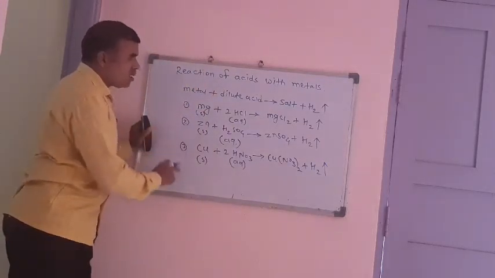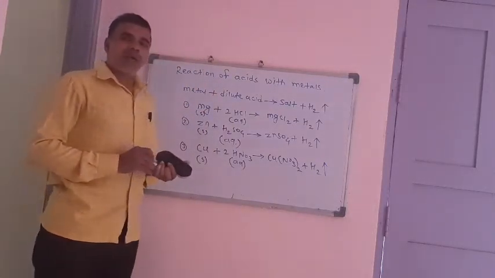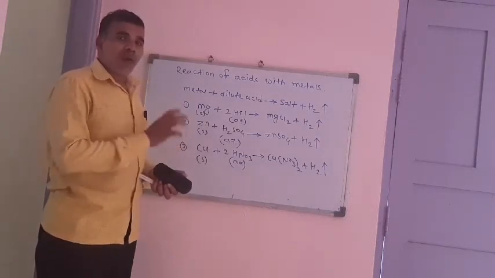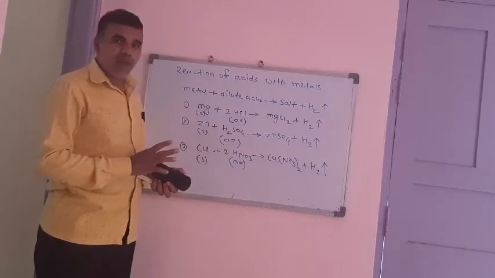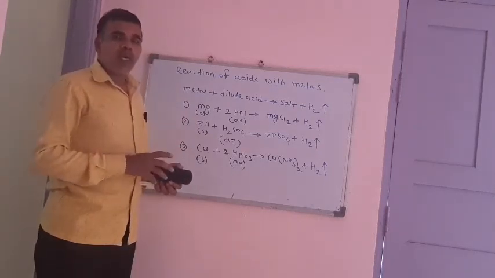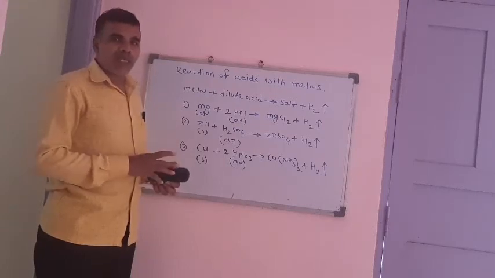So all these three examples are related to metals reacted with acid. Any metal reacted with acid forms salt and hydrogen gas is released.